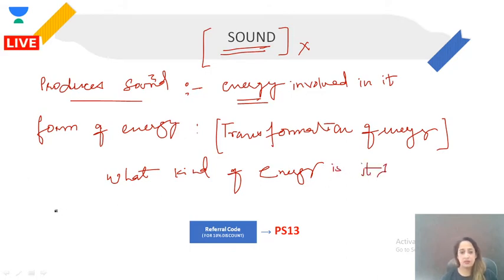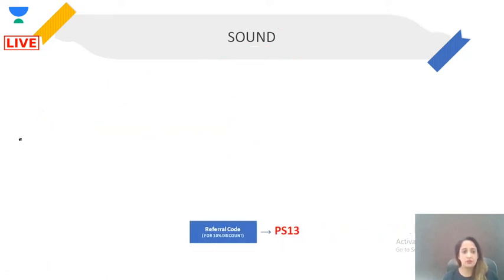Right? So let's do a couple of activities. If you go ahead and check your NCERT book, which is the book I majorly refer to, you will find there are a couple of activities that they have mentioned. There is a tuning fork. This kind of instrument is what we call a tuning fork.